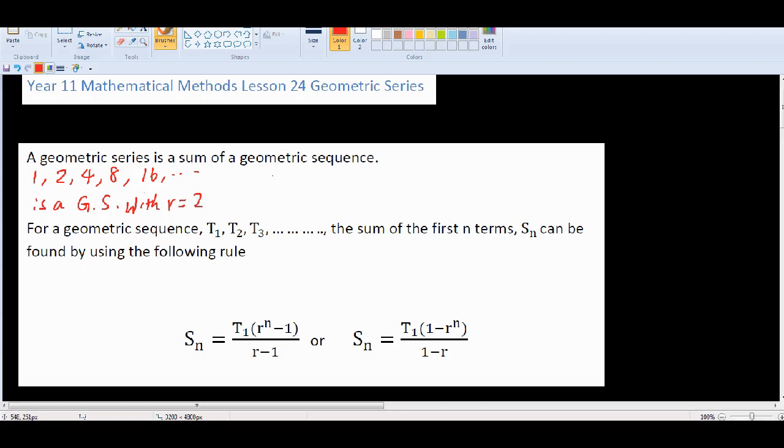Then Sn, for example, I'm going to say S6 is a geometric series for the first 6 terms. That will be 1 plus 2 plus 4 plus 8 plus 16 plus 32. So that's what we call a geometric series for the first 6 terms.